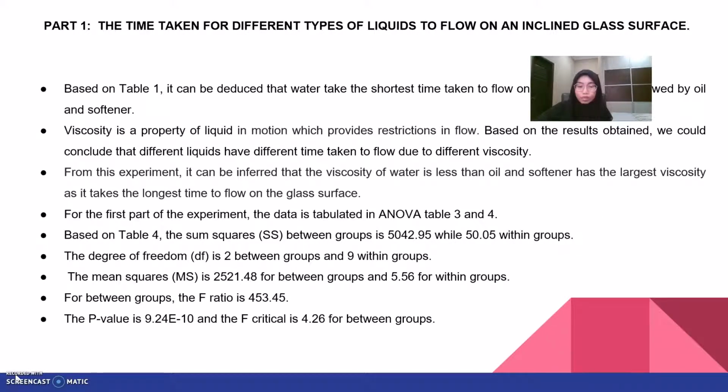The mean squares, MS, are 2521.48 for between groups and 5.56 for within groups. For between groups, the F ratio calculated is 453.45, the p-value is 9.24 to the power of negative 10, and the F critical is 4.26.